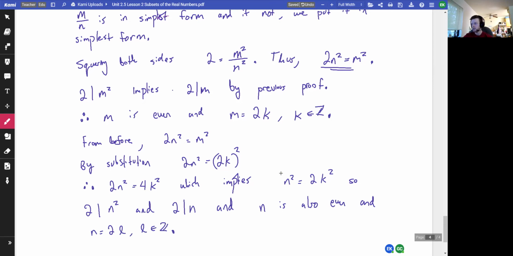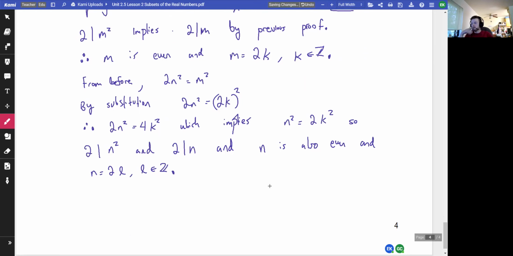Sure. Okay. So now we can rewrite M over N as 2K over 2L. And we have a GCF in our numerator and denominator. So we don't have simplest form. We're not in simplest form. We can reduce it. And here's the real contradiction.